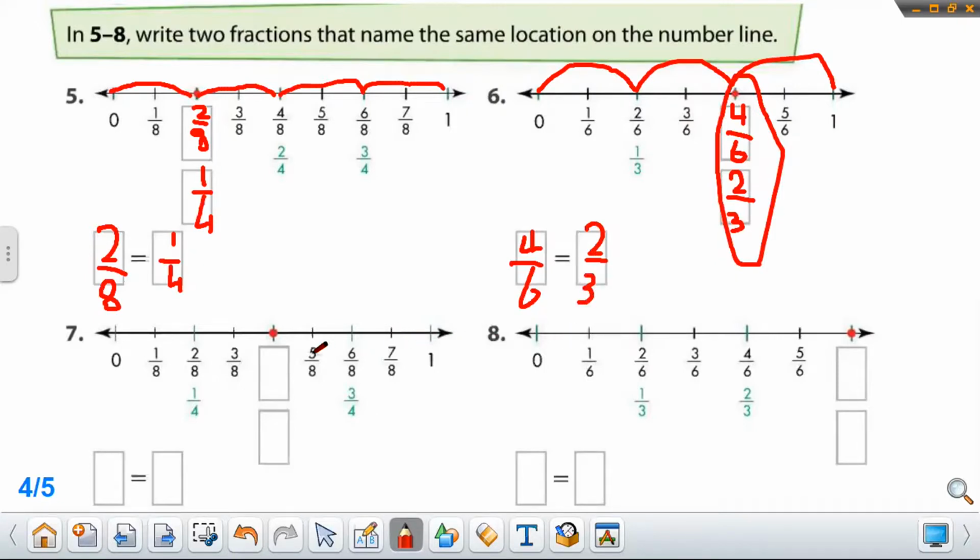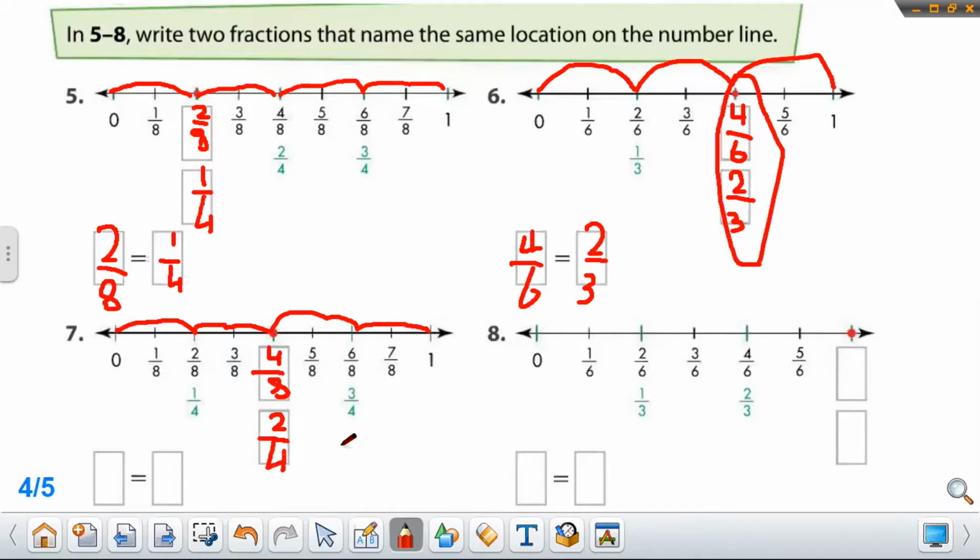Question number 7. We have here 8 pieces. 1 out of 8, 2 out of 8, 3 out of 8. So here 4 out of 8. Now each two pieces together, so we divide it into 4 pieces like that. So this 1 out of 4. So this one, yes, 2 out of 4.